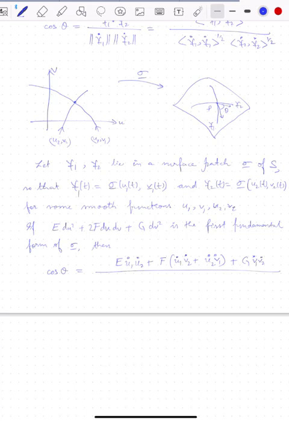This is divided by the individual square roots of the first fundamental form: the square root of E u1 dot squared plus 2F u1 dot v1 dot plus G v1 dot squared, and the square root of E u2 dot squared plus 2F u2 dot v2 dot plus G v2 dot squared. So this is what we have here.